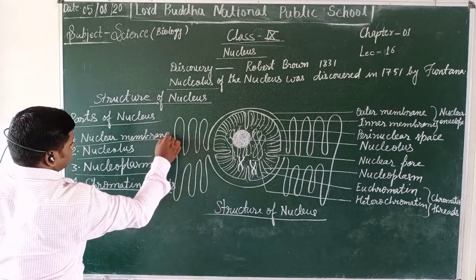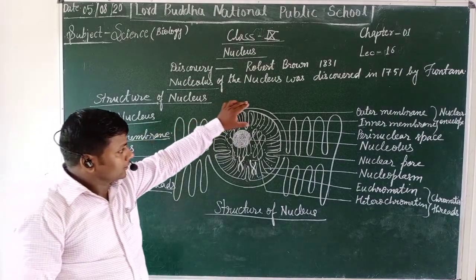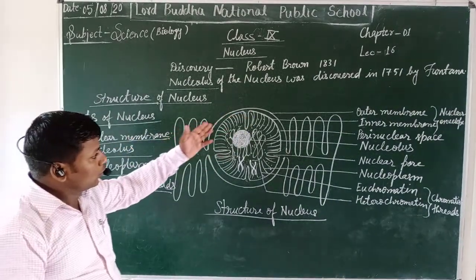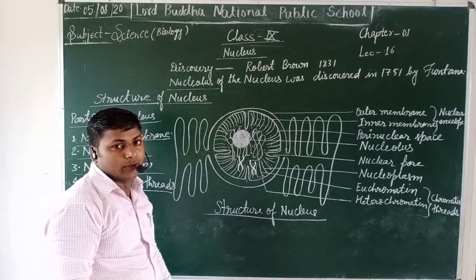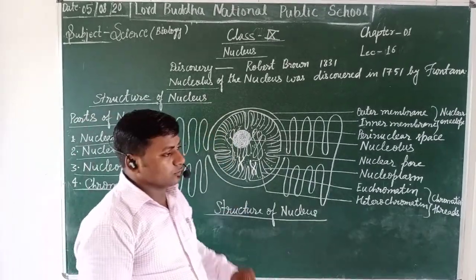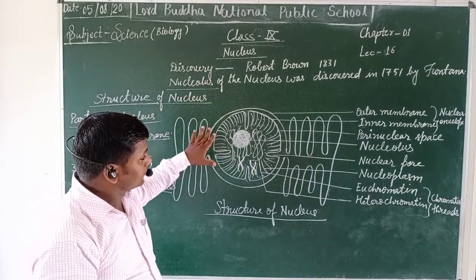Now we again discuss the nuclear membrane. It has an outer and inner unit membranous structure which is semi-permeable in nature, just like the plasma membrane or unit membrane of the cell.